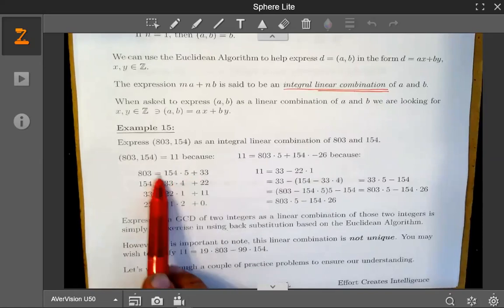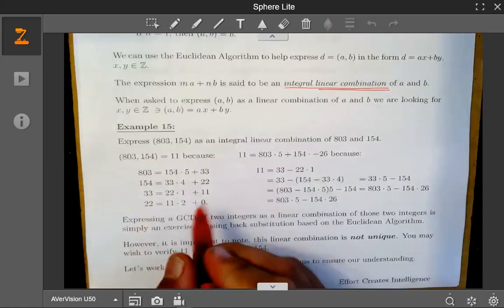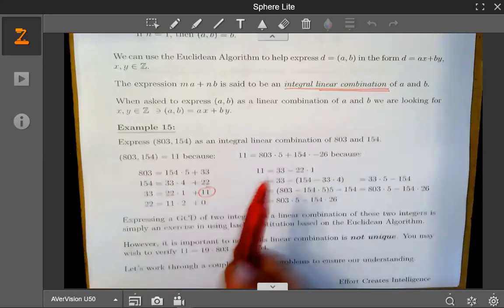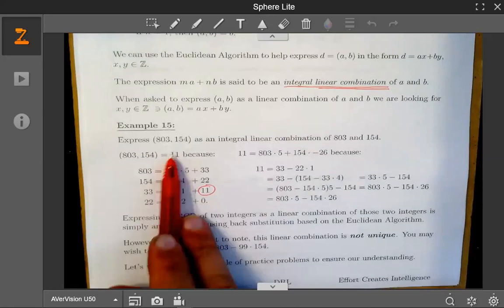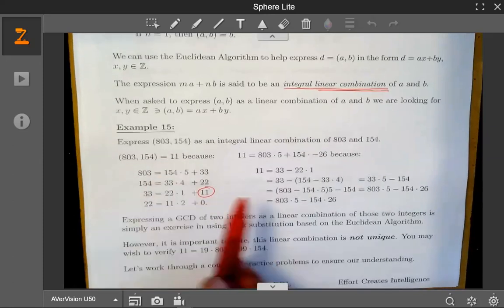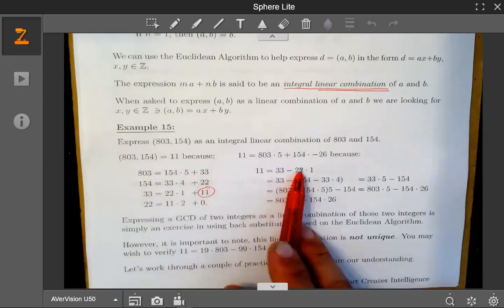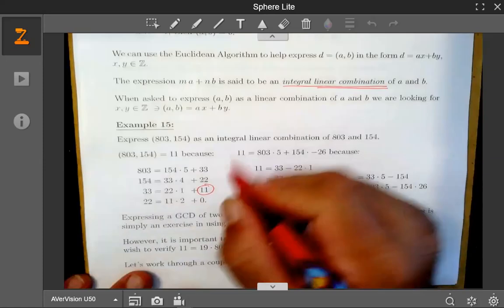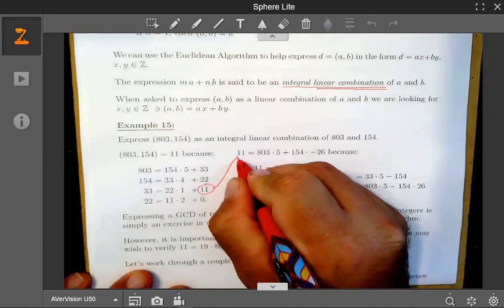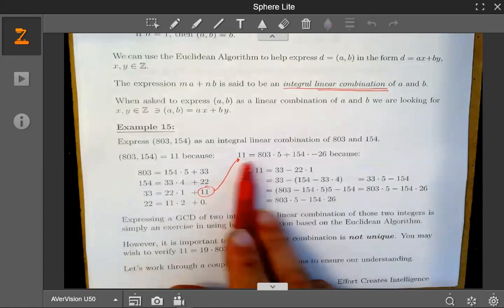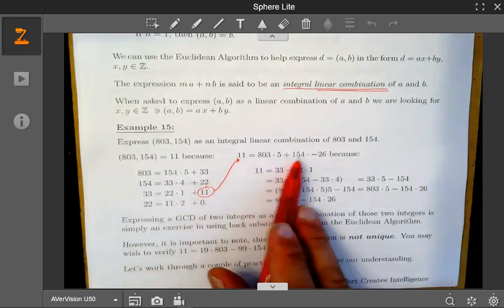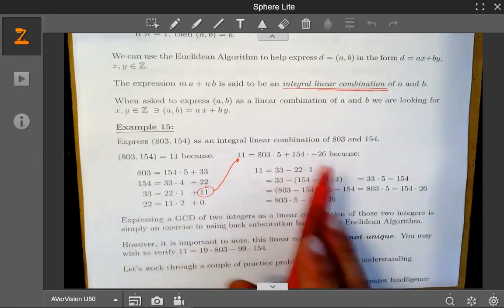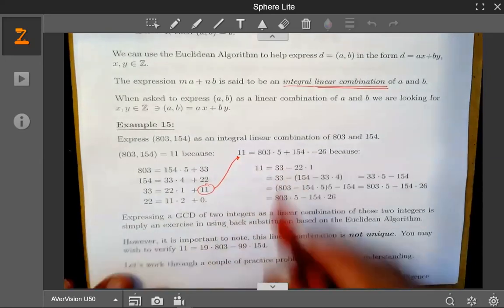We work through this, and we see that the last non-zero remainder was 11, and so that's our greatest common divisor. Now, the linear combination goes in this form: 11 is going to be 803 times 5 plus 154 times negative 26.